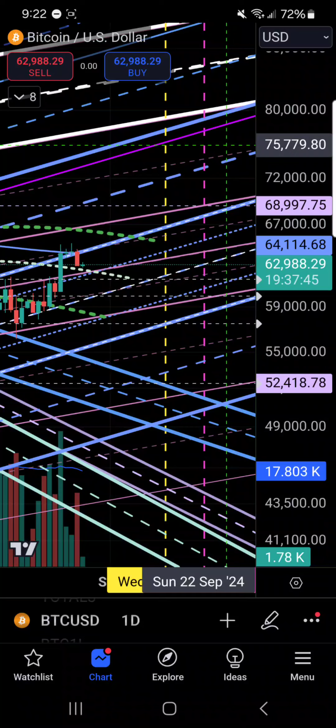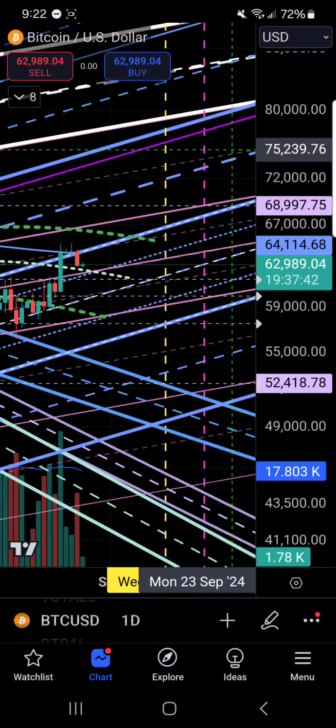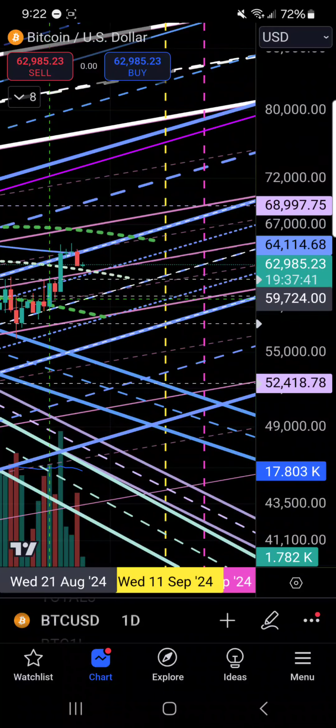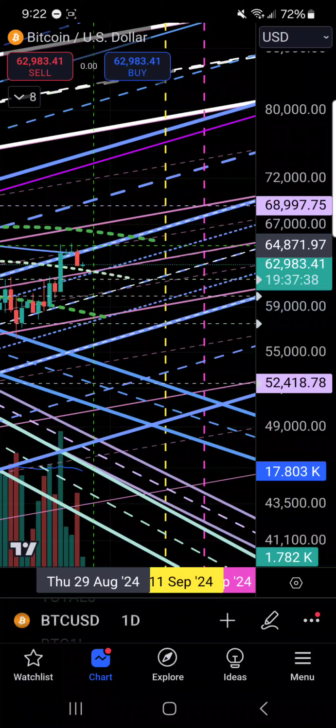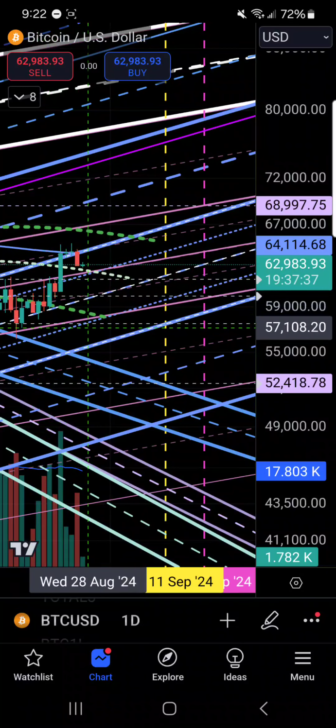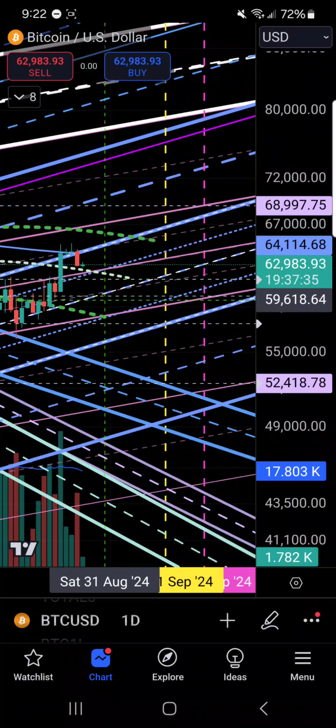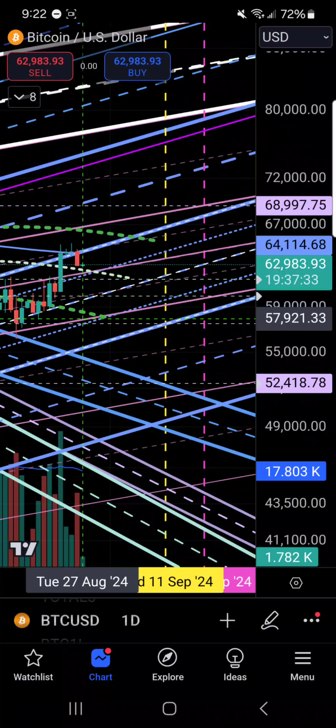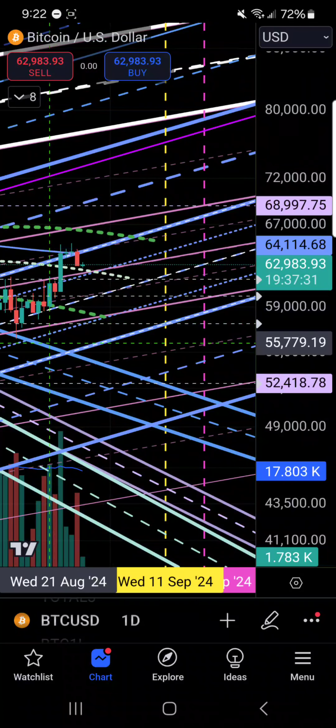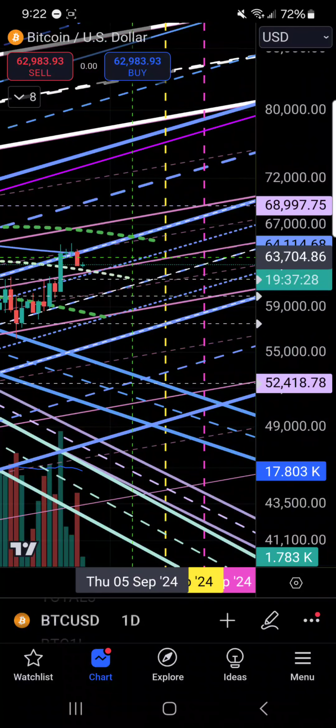And currently we are traveling up through the daily Gaussian channel, marked by these green and yellow dashed lines. And actually, that's interesting.